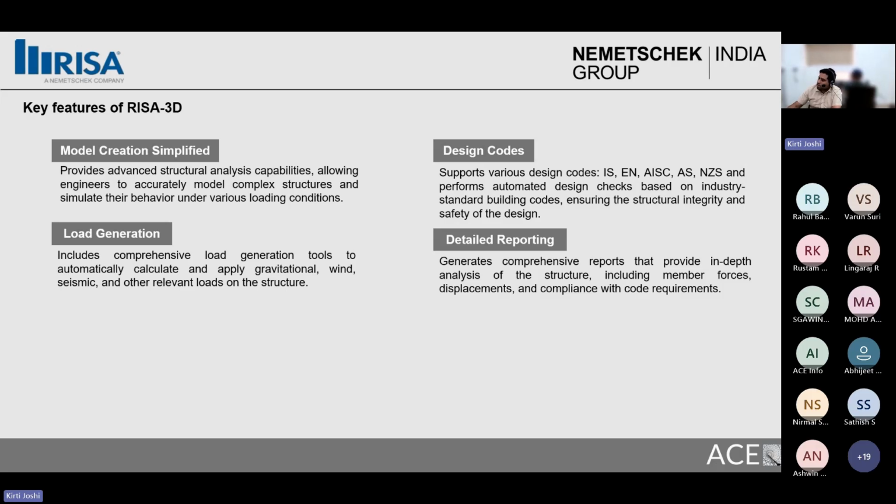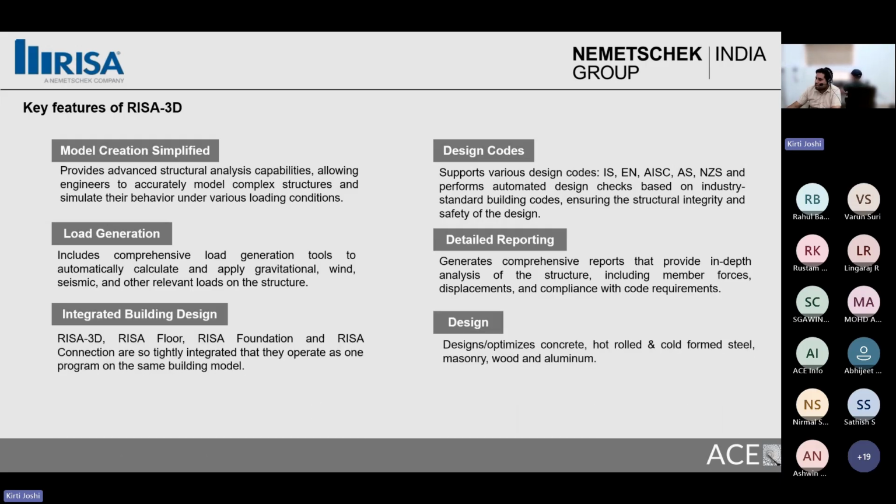The software also includes load generation features for seismic and wind load. Furthermore, the software supports the design and optimization of multi-materials, including hot rolled steel or cold form steel, concrete, masonry, wood, or aluminium.